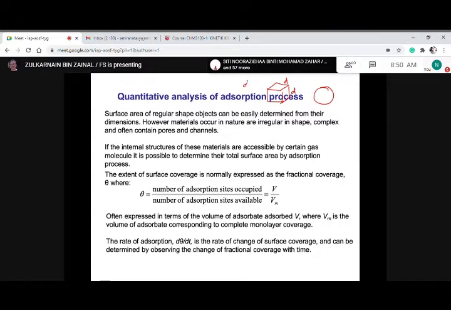Is it d to the power of 3? No, this is volume. So don't confuse the surface area with volume.